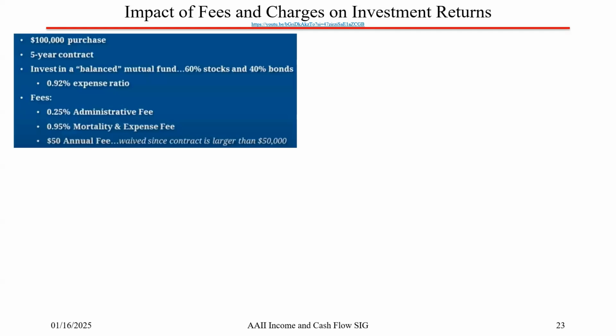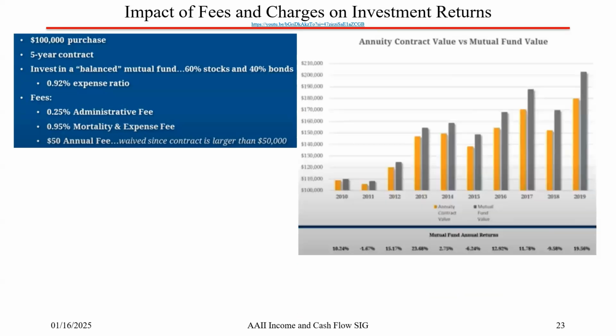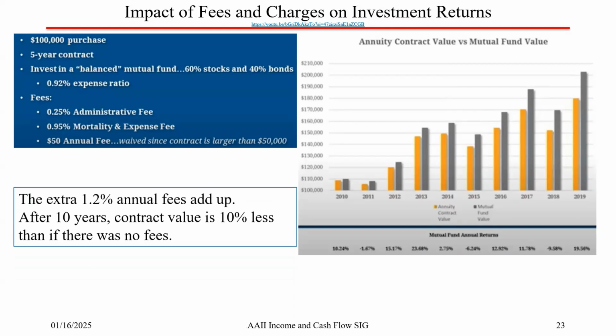Here is, again, I took off from YouTube. And here are the parameters. Here is what you get. So the mutual fund value is always higher than your annuity contract value because of the fees and charges.